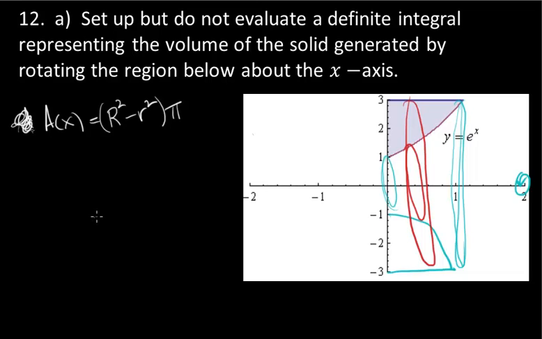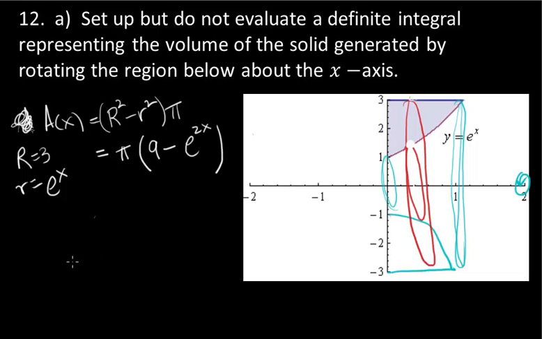Well, the big radius is from the x-axis up to here, and that is 3. So the big radius is 3, and the little radius is, well, it's from the x-axis up to the curve here. So that is y. The y on the curve is e to the x. So the area of the washer face is pi times 9 minus e to the x squared, which is e to the 2x.